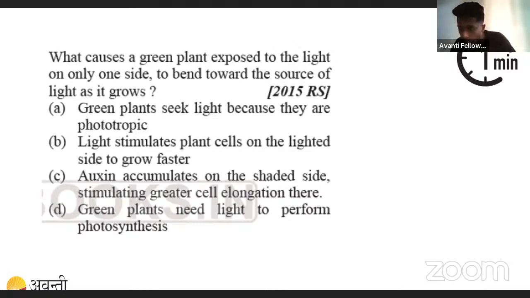So can we end the poll and see what's our right answer? So let's go back to our slide.